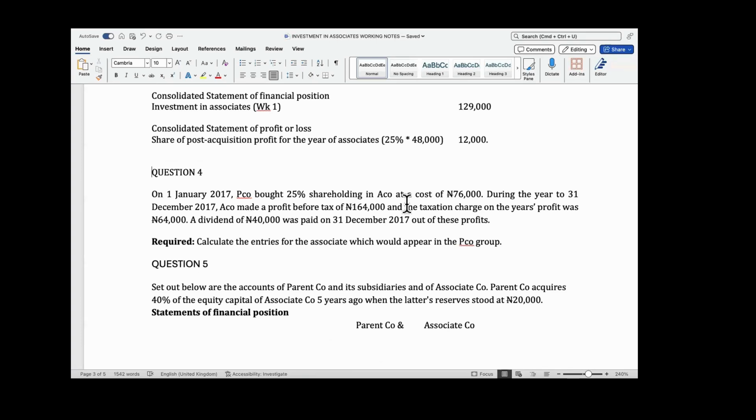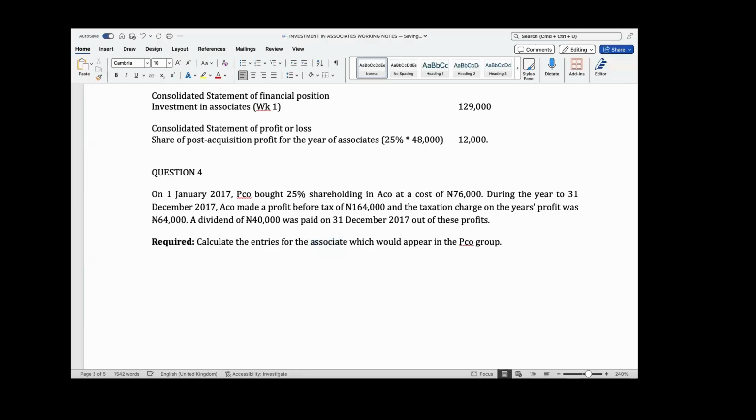A dividend of 40,000 was paid out of the profit. Calculate the entries for associates, which would appear in PICO's group accounts. Okay, this one didn't ask us to prepare any statement. They just want us to calculate the entries in PICO's group.